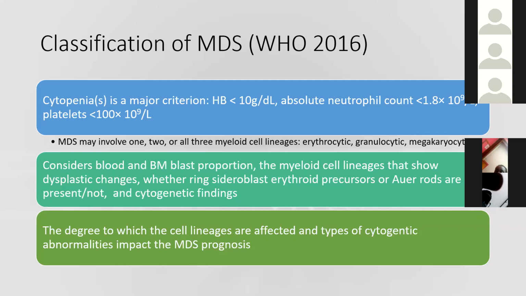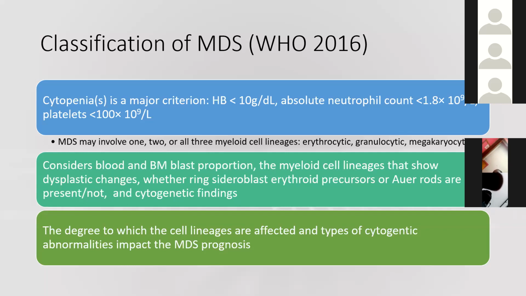So we look at which cell lineages are affected by dysplastic changes. We also consider whether there are ring sideroblast erythroid precursors. And I will tell you later, you may have forgotten from your previous classes, what a ring sideroblast is. This is an abnormal erythroid precursor, and I will tell you more about it as we go on. The classification will also consider whether Auer rods are present or not. And if you remember, Auer rods were seen in acute myeloid leukemia, but we can also see them in the myelodysplastic syndromes.